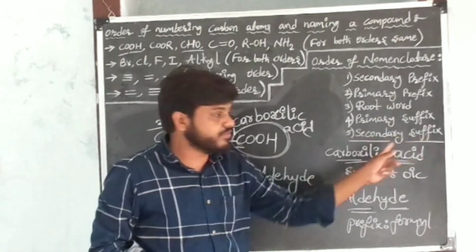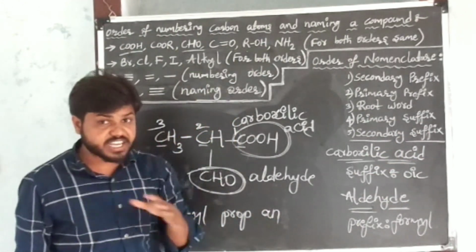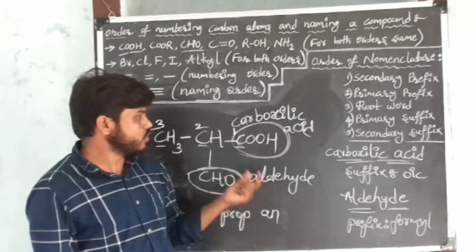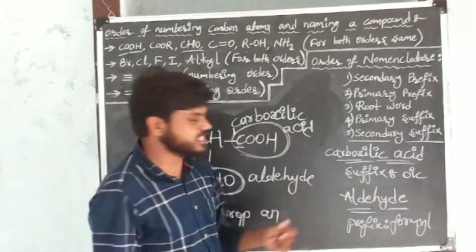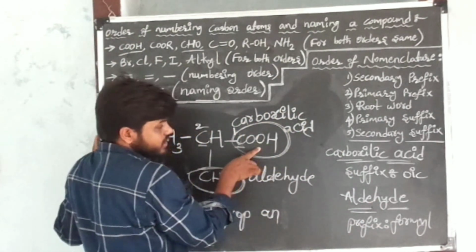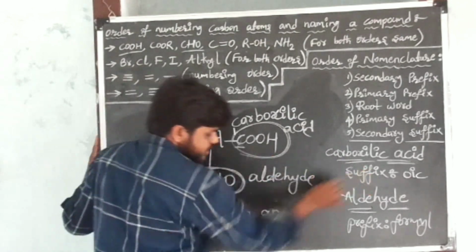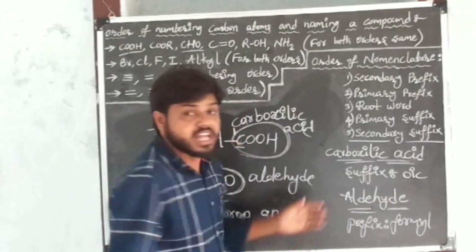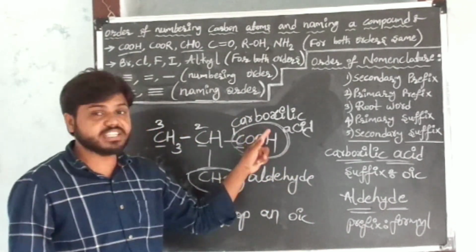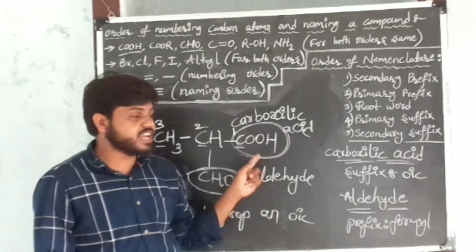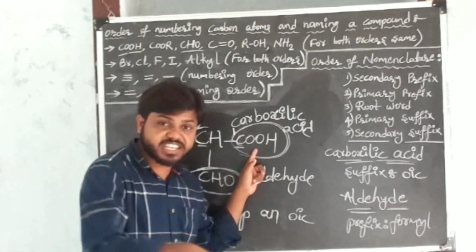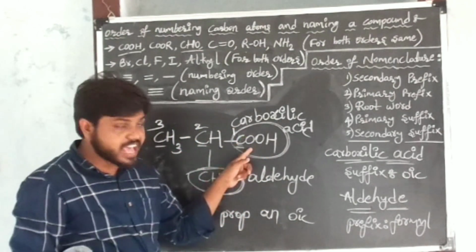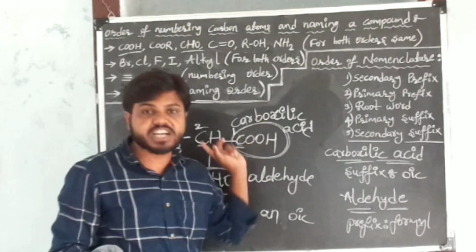After writing the primary suffix, go to the secondary suffix. Here the secondary suffix is what? The functional group. One functional group is there, that is carboxylic acid. So write the suffix of carboxylic acid, that is oic. I am not writing the position of the acid because this acid is present in the principal chain of the carbon compound.